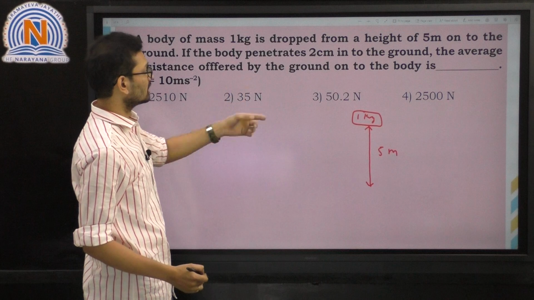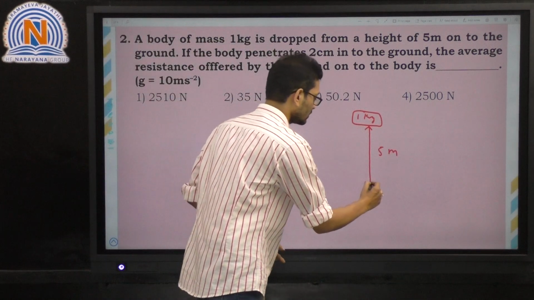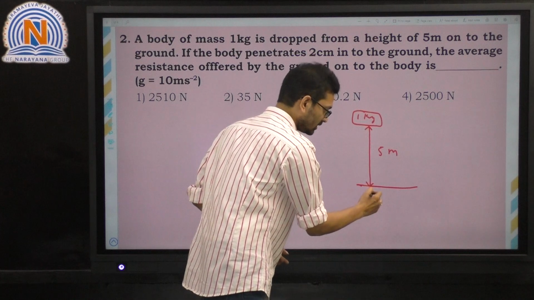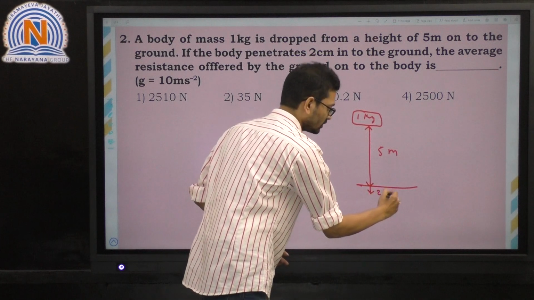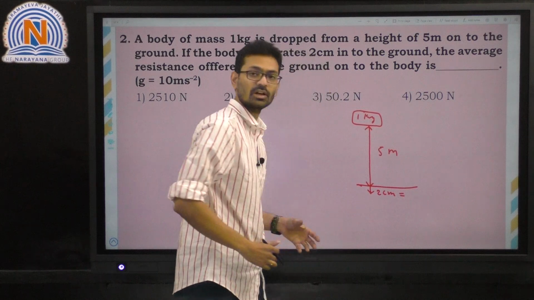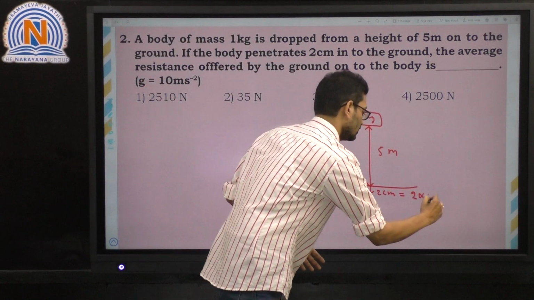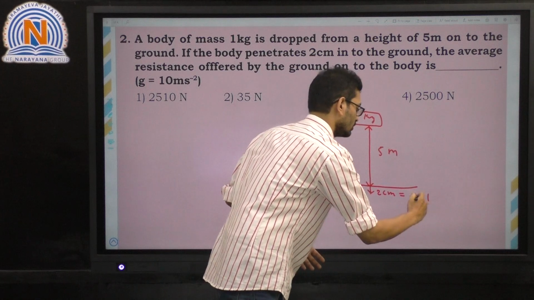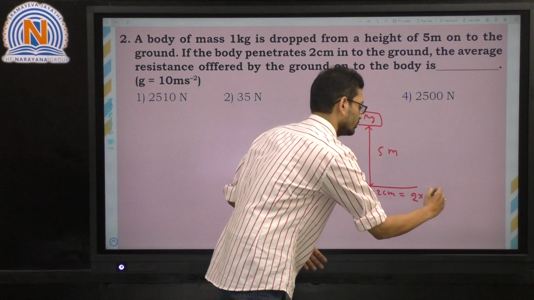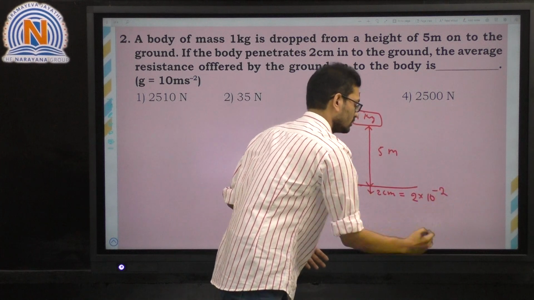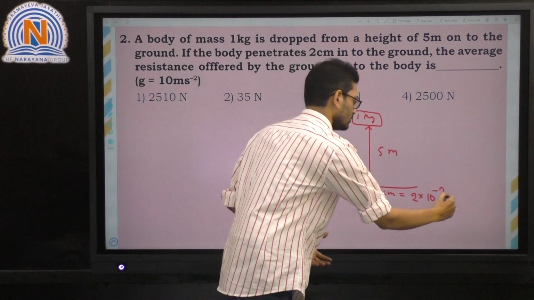If the body penetrates through 2 centimeters, that means this is the ground, but the body just got penetrated inside for 2 centimeters, which if you convert into meters is 2 into 10 power minus 2 meters.